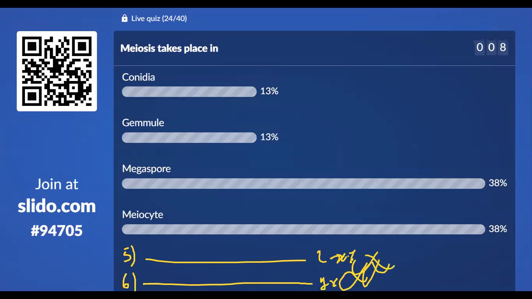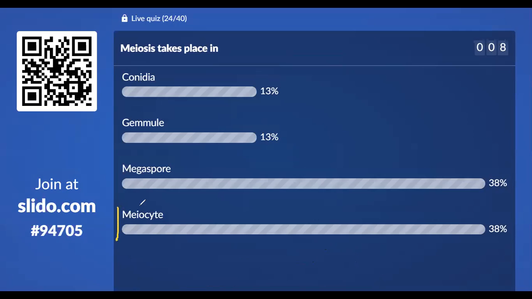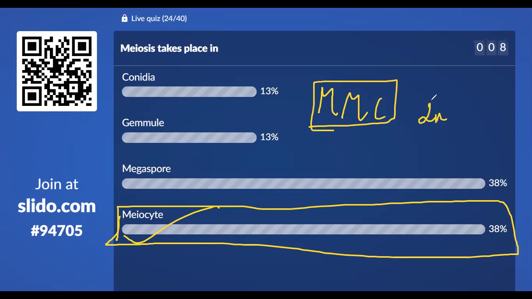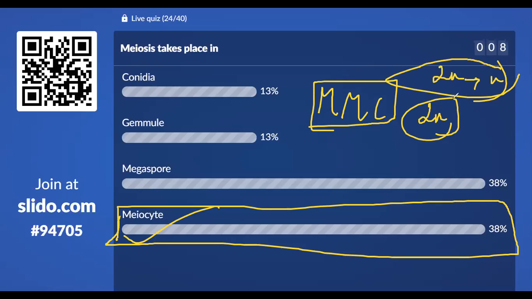This is a very simple question from the very first chapter of class 12 biology, and the answer is meiocyte. What is a meiocyte? Meiocyte is a mother cell which is 2n diploid, and this diploid cell undergoes division to have haploid. Gemmule is the asexual spore.